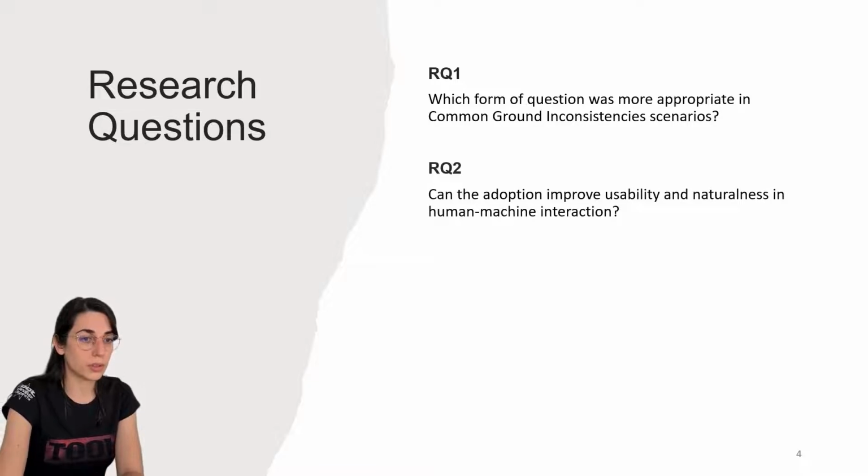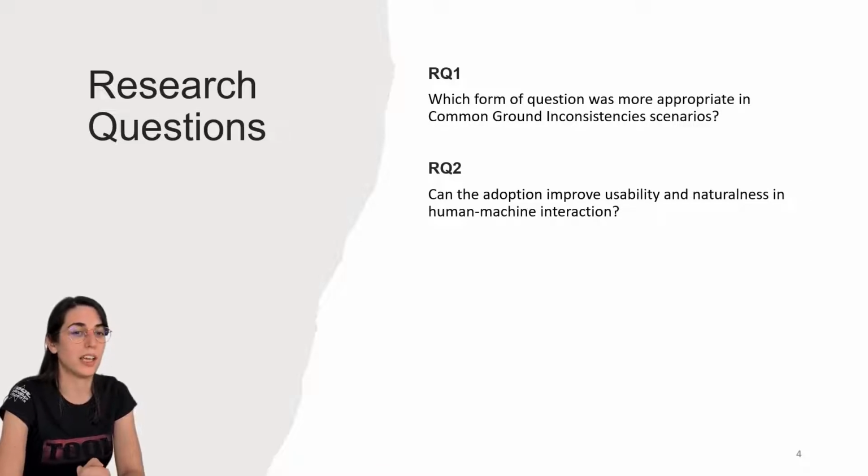Then the second research question: can the adoption of these kinds of questions improve usability and naturalness in human-machine interaction? And with other experiments, we discovered that this is true, because the adoption of I-negation polar questions actually led to higher usability and naturalness.